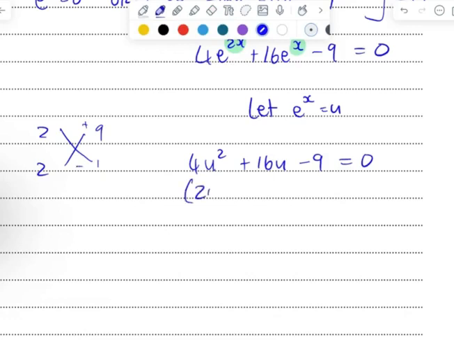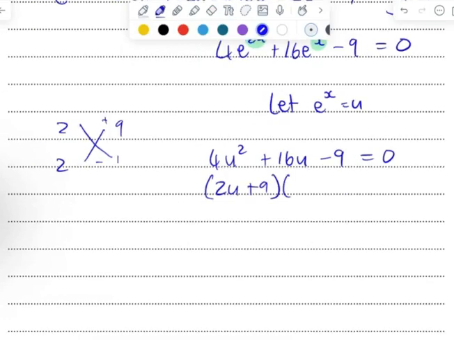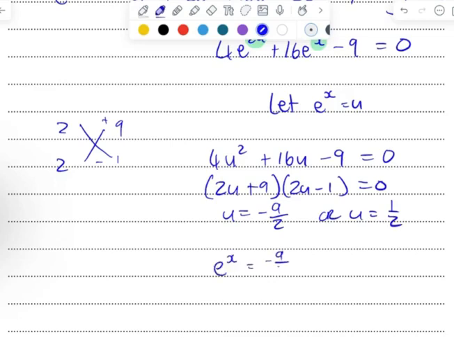So 2u plus 9 or 2u minus 1. So u is either equal to minus 9 over 2 or u is equal to a half. And that basically is the same as saying e to the x is minus 9 over 2 or e to the x is equal to a half.